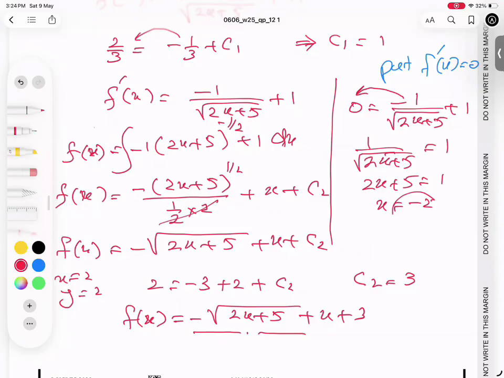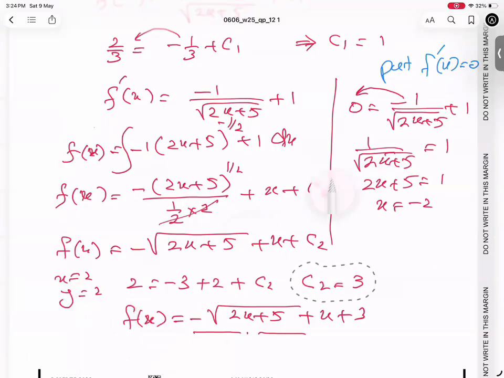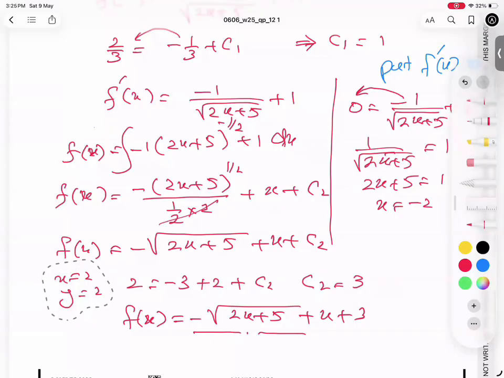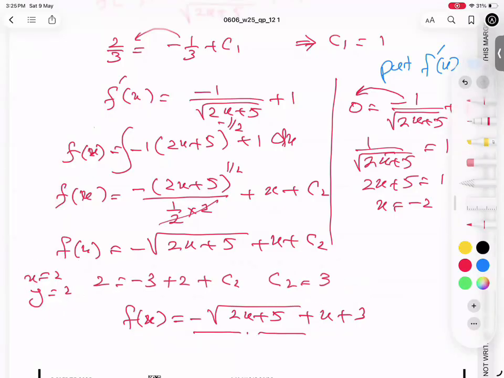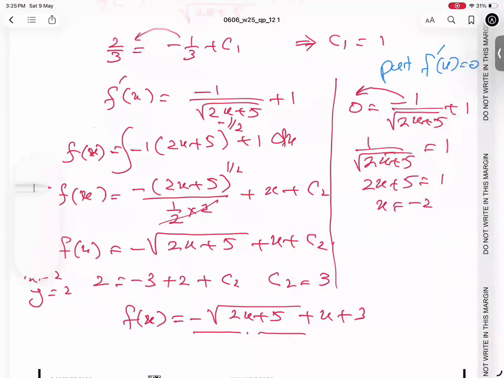So this negative 2, I'm going to plug into the whole equation. Nothing hard for us to do. Now, students, I'm going to plug in the values into this equation, and I'll get my answer.